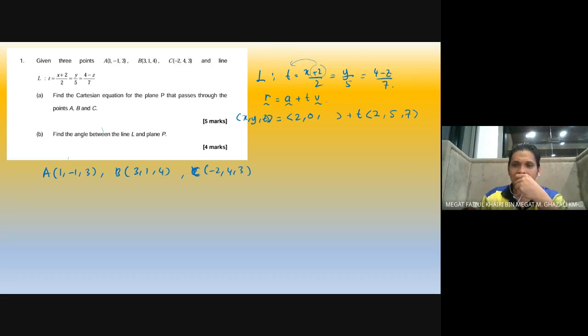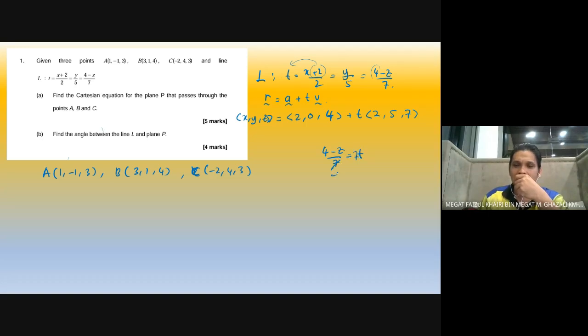And then the 4 positive, brought to the side, becomes negative, so we get negative z. We want z positive. Please double check: 4 minus z equal to 7t, divided by 7 equal to t.